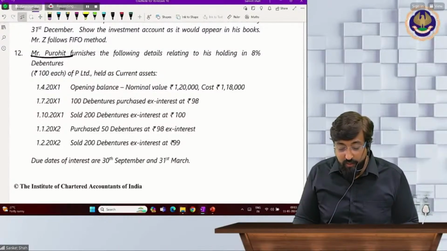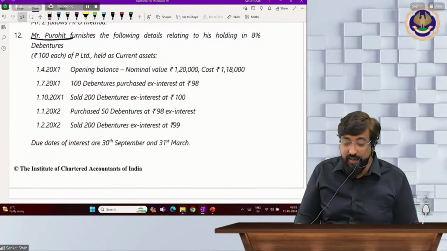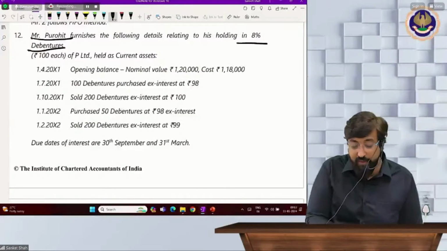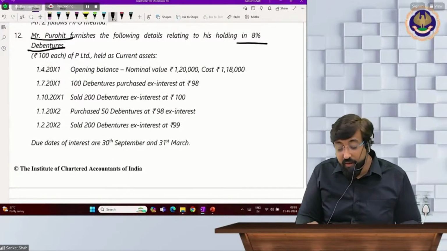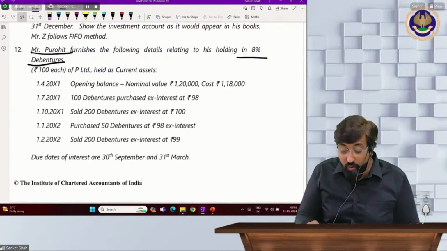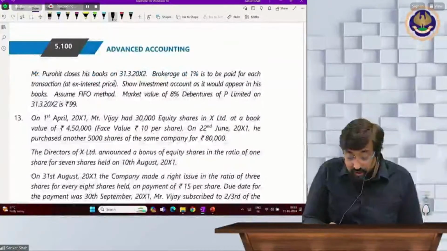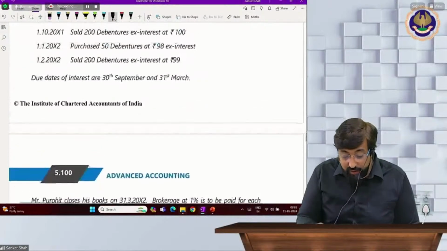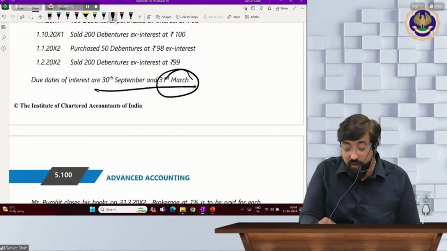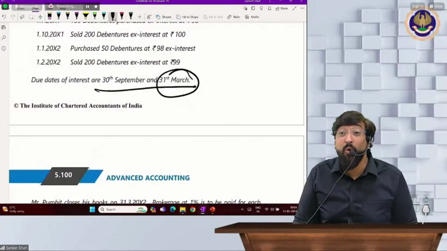Mr. Purohit furnishes the following details relating to his holding in 8% debentures. So 8% debentures. See, most important point, you have to see your balance sheet date, 31st March. And your interest payment date is also 31st March. So there is no outstanding entry.